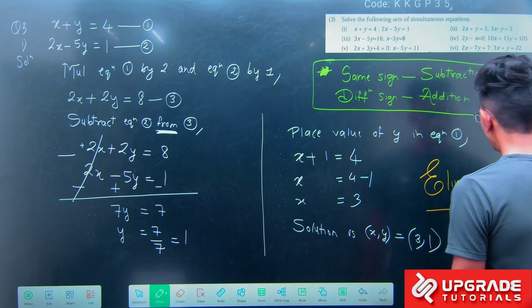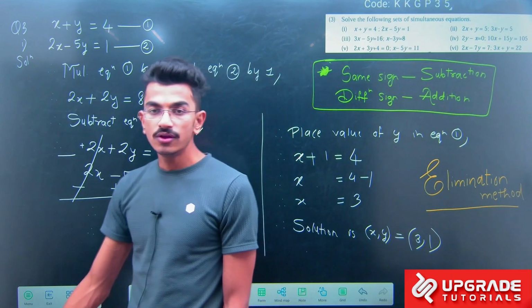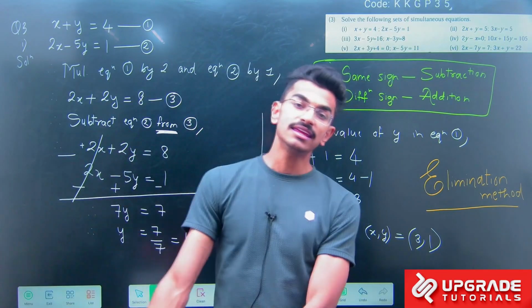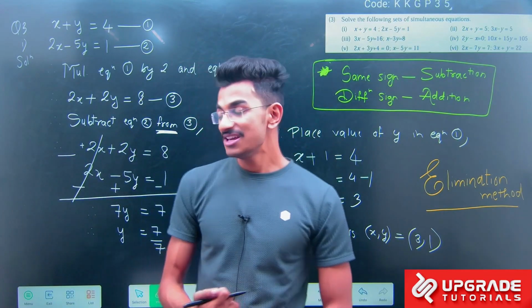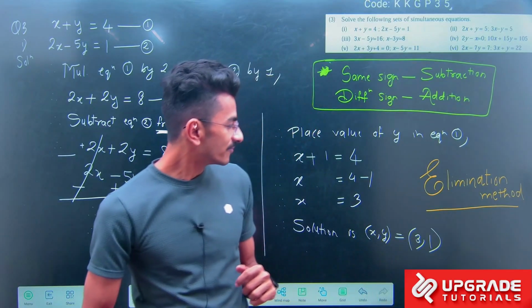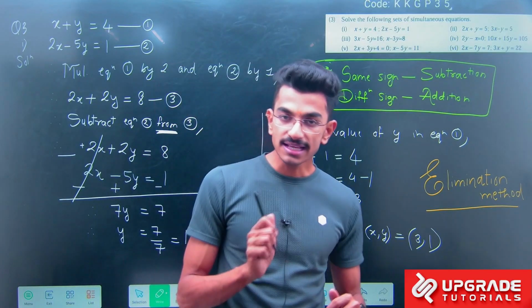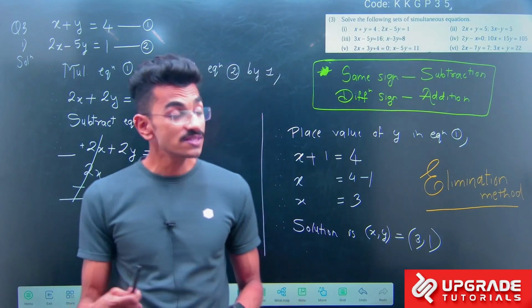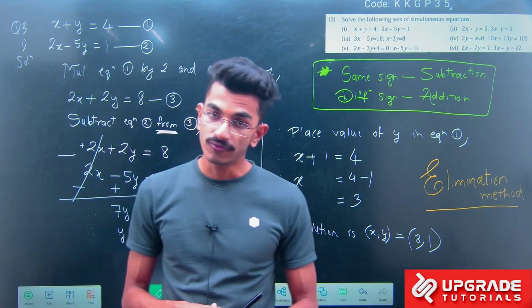So what do we do in the elimination method? We eliminate any one variable. मतलब इधर हमने x को eliminate किया और फिर y की वैल्यू निकाली. So it is known as elimination method. Okay. So the next sum we will do by the substitution method. तो अभी substitution method क्या है हम वो देख लेते हैं.